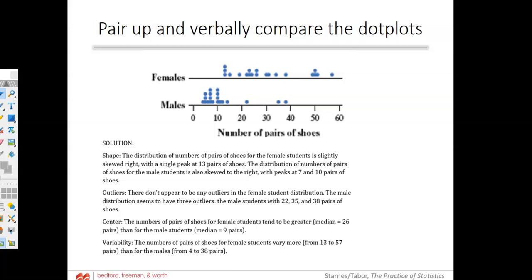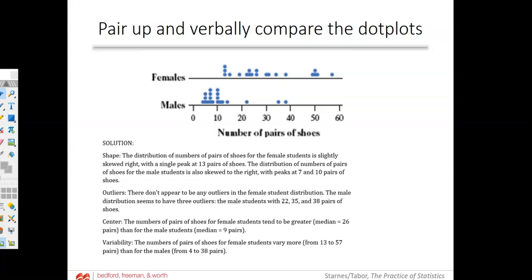So one female has 58 pairs of shoes. It seems like a lot. Maybe that's an outlier, maybe it's not. I'm not sure. And for the male data, those last two seem like definitely probably outliers there, somewhere around 35 and maybe 39 there. For the male shoe data, that means a guy has about 38 or 39 pairs of shoes.